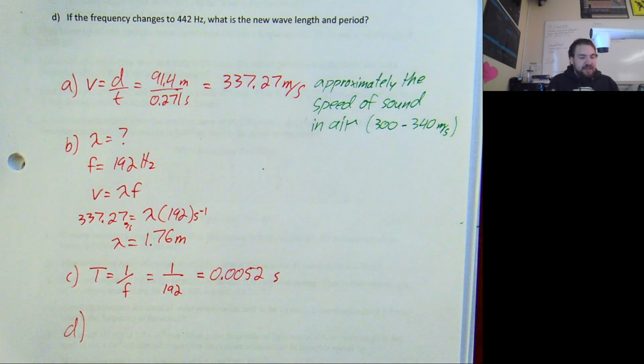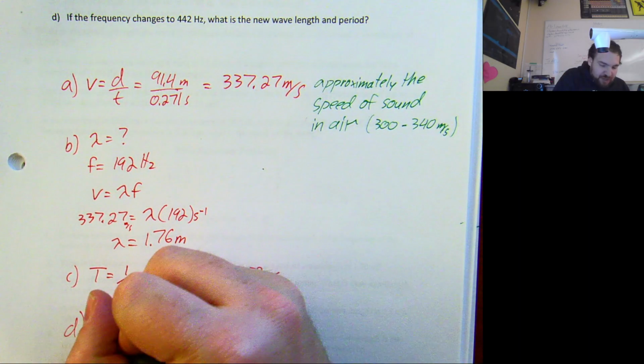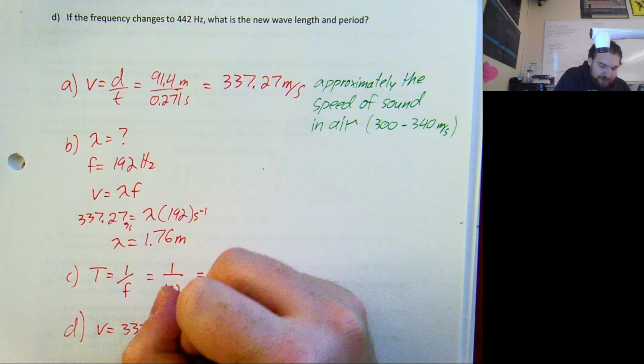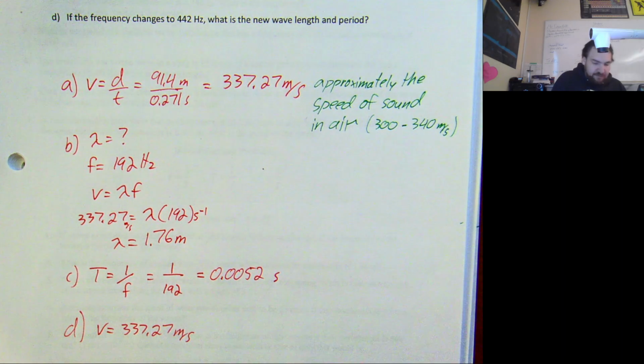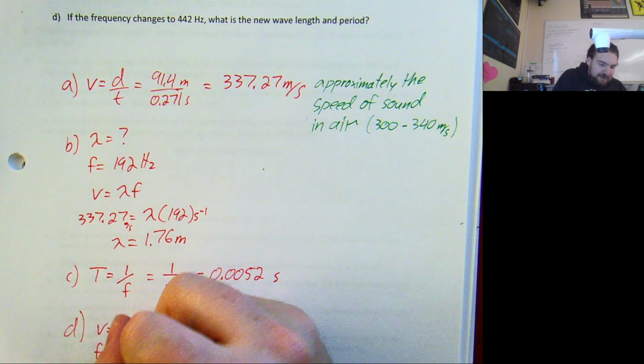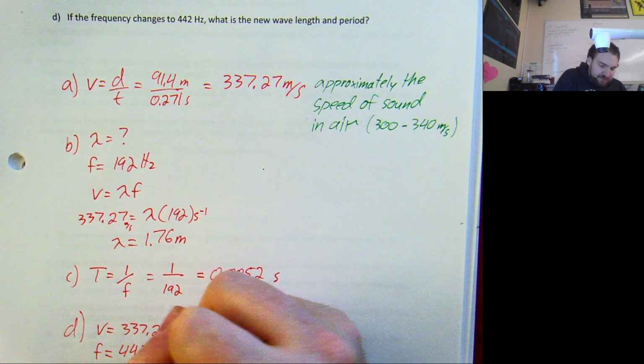What do we not touch? The speed. Speed of sound is the speed of sound. That's not going to go anywhere. So the velocity hasn't changed. It's still 337.27 meters per second. But now we're changing the frequency from 192 hertz up to 442 hertz.